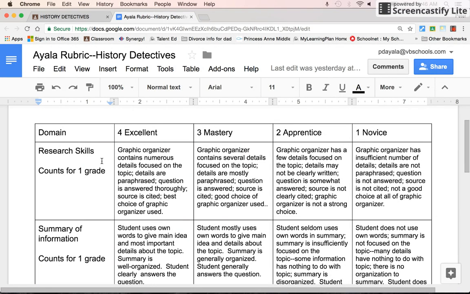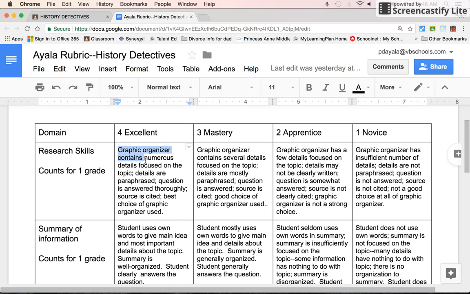So the first thing is about the graphic organizer. As I've told you before, I'm only going to be grading one specific graphic organizer, and that's going to be of your choice. You get to pick it. So take your time and figure out which one you like the best, which one you think you did the best on, and use that one for this grade. So let's look at what it says here.